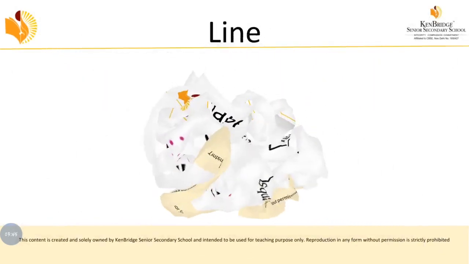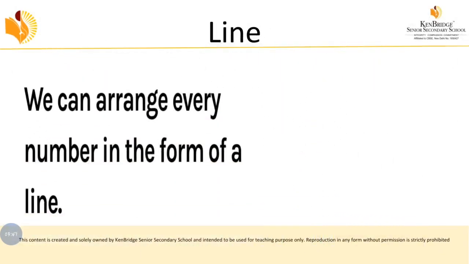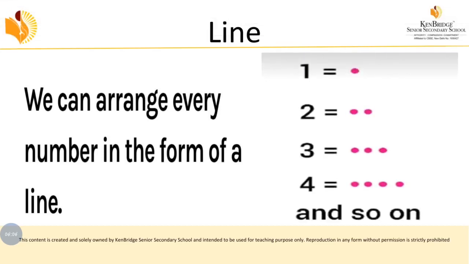Okay, so let's see about a line. If it is a line, you can arrange every number in the form of a line. It can be 1, it can be 2, or it can be 100, whatever number. You can arrange any number in the form of a line. Here I have shown, if it is a 1, you simply place one dot.